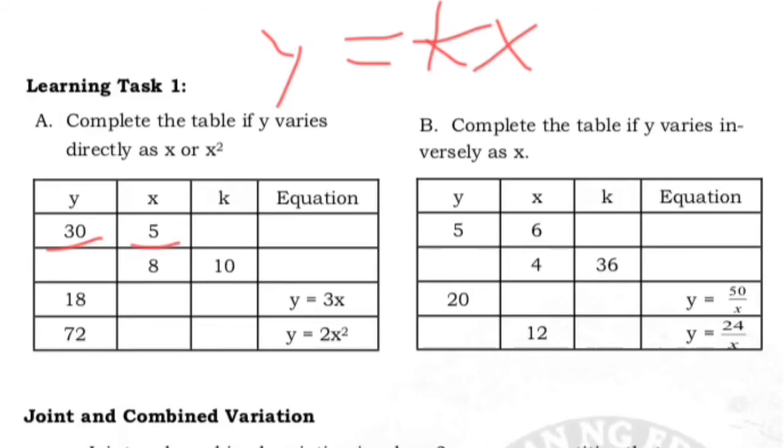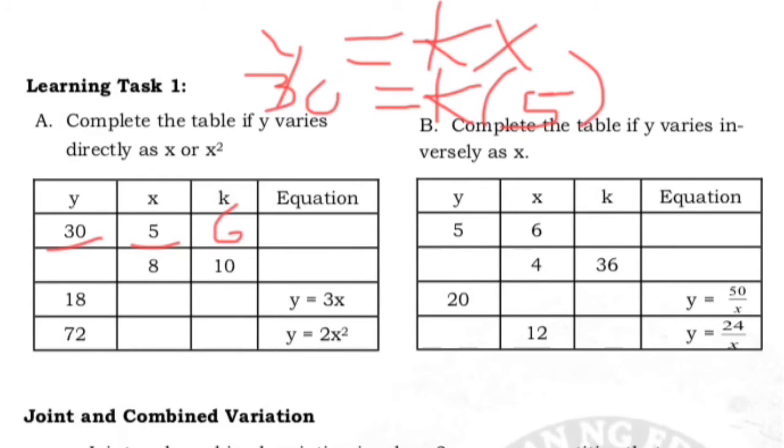Since y is 30, equals k, unknown, then x is 5, so k times 5. So we can have that one as 30 equals k times 5, divide both sides by 5. So 30 divided by 5 is 6. So our constant of variation here is 6.